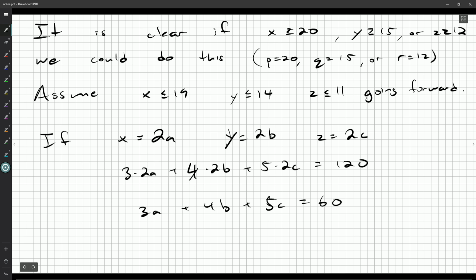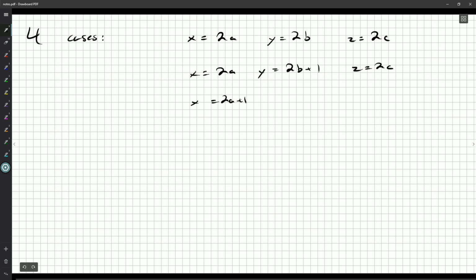So we looked at if they're even. Now this is sort of only going to be 4 cases, and maybe we can rule out some of these. So if everything's even, if x and z are even but y is odd, now I don't have confirmation that all of these can happen.